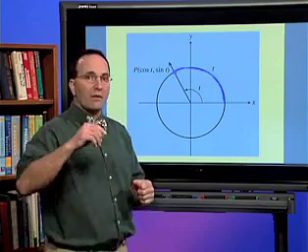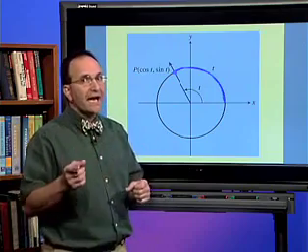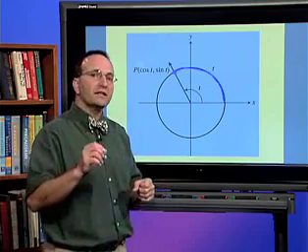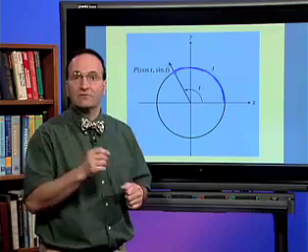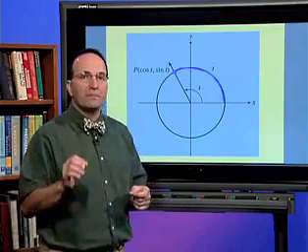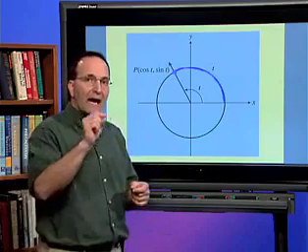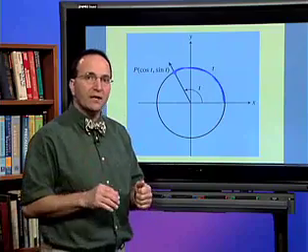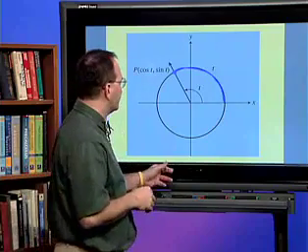Recall that there are multiple angles that share the terminal side, and therefore trigonometric functions repeat themselves after a certain angle size. That is called the period. That is to say, the amount of the angle that it takes when it begins to repeat is the period. So let's take a look at that.